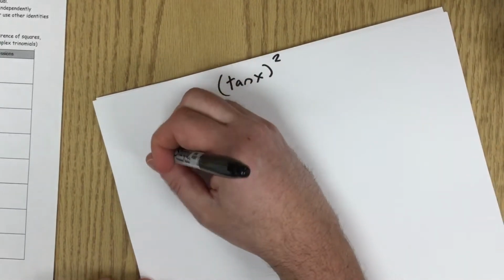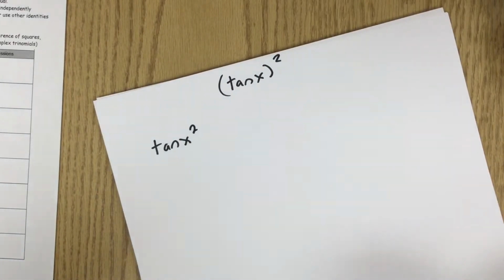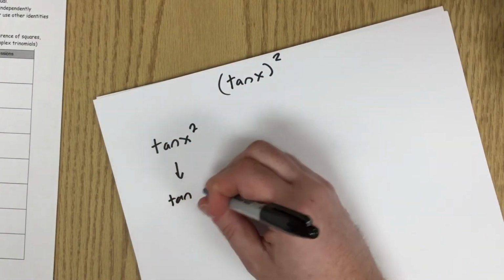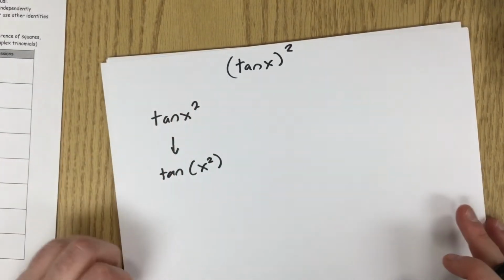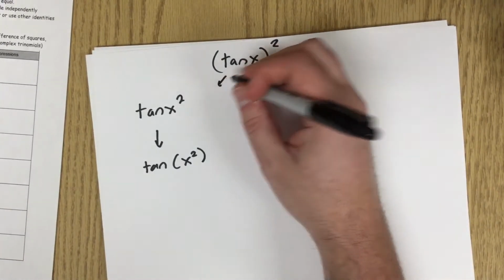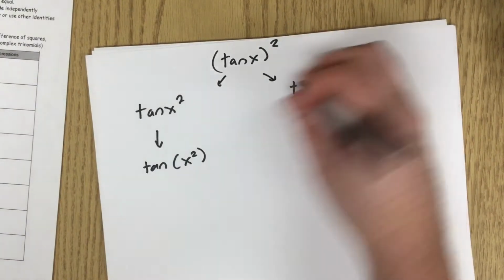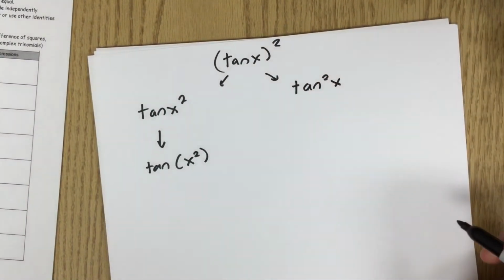And you might be tempted to say that that's the same thing as this. But it's not, because this is essentially the equivalent of tangent of x squared. So when you put the squared like that, the squared applies to the tangent. So the way we're actually going to show it is we're going to put the squared after the letter.